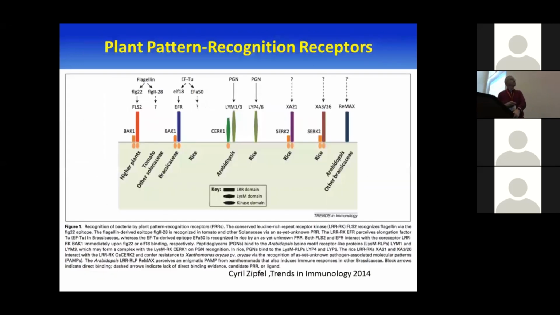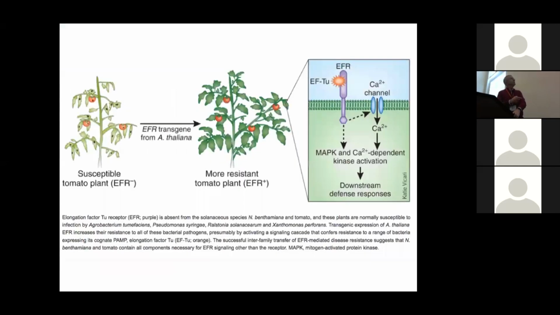So, pattern recognition receptors. Again, this is just a nice review by Cyril Zipfel. We talked about FLS2 and EFR, which recognizes the translation elongation factor from bacteria. The experiment was that we took a susceptible tomato plant and transformed the EFR receptor from Arabidopsis into tomato.